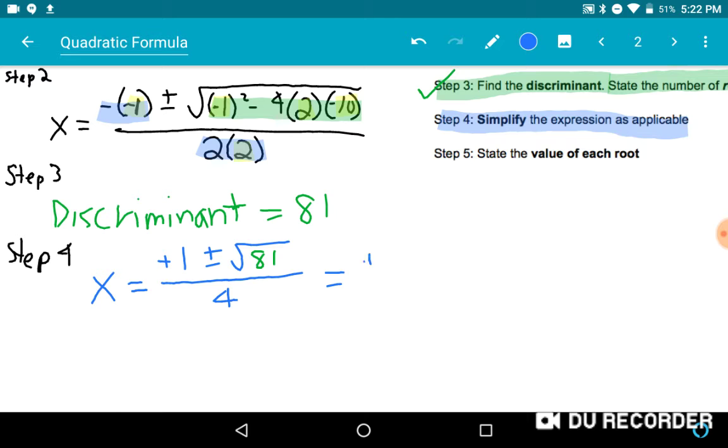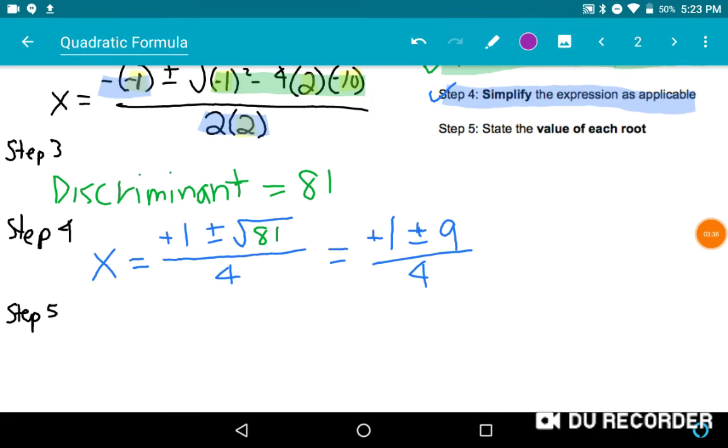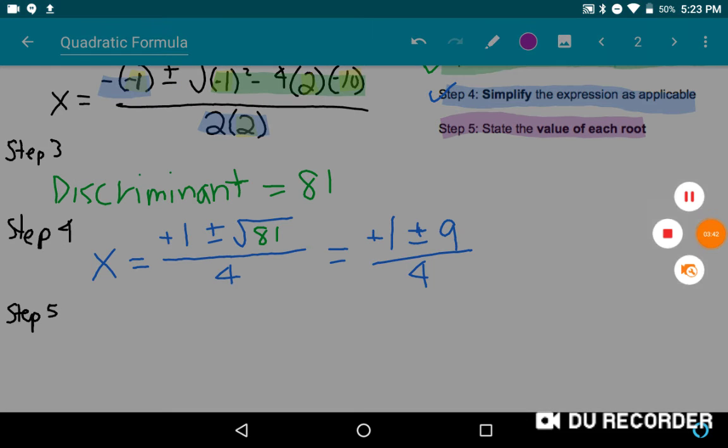We have the square root of 81, so I'm rewriting positive 1 plus or minus the square root of 81, which is actually 9, over 4. So sure, step 5 is to state the value of each root, but I'm not exactly ready for that. I will need to keep simplifying.